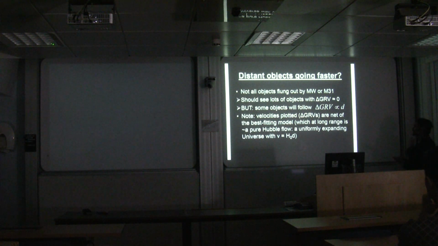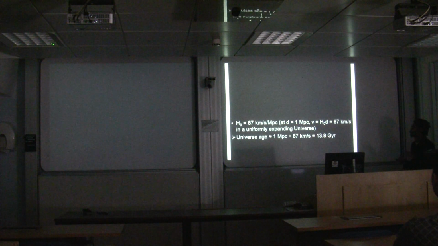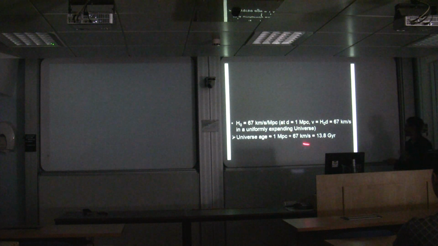So what I'm going to show on the next slide is the delta GRVs plotted against distance. Remember, at long range from the local group, the model prediction is basically a pure Hubble flow, more or less, right? Because gravity is not so important. So pure Hubble flow looks like this. If you divide distance by time for these objects, you recover an age of about 14 billion years.